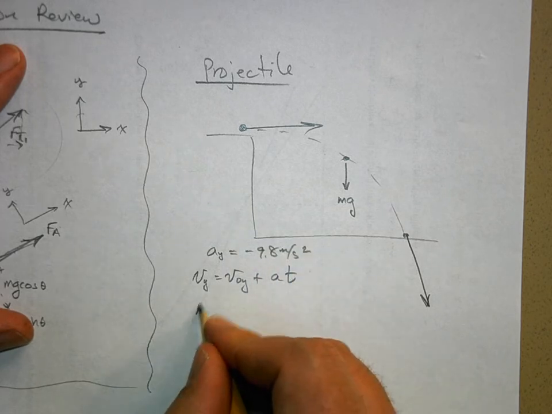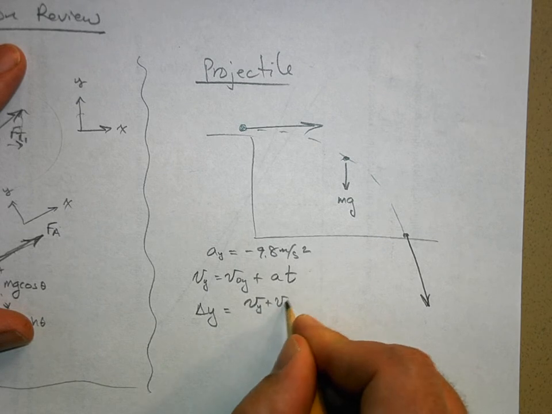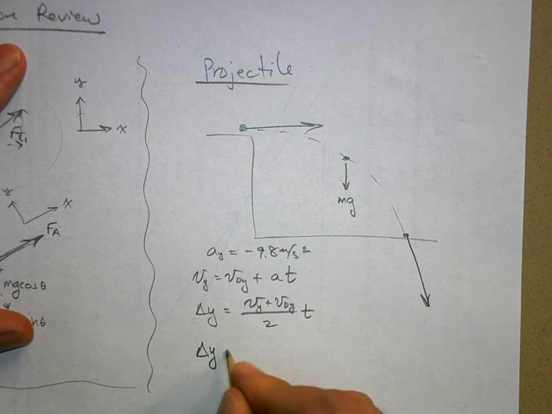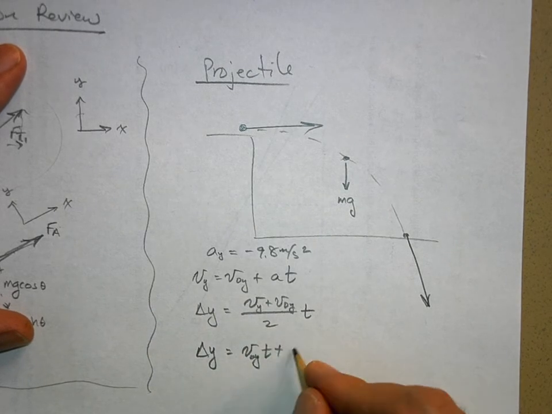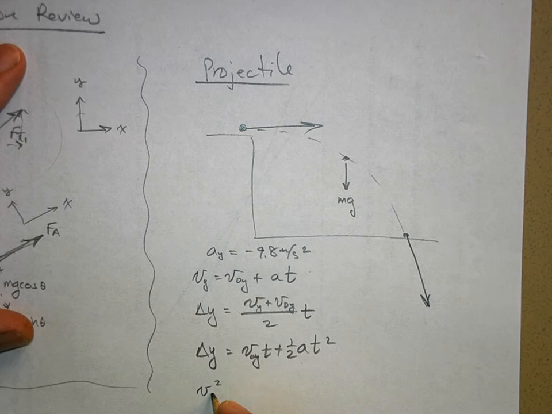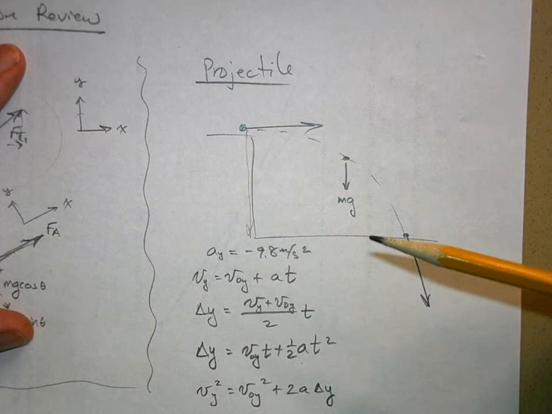Of course, then you have delta y equals (Vy plus V naught y) over 2 times time. Delta y equals V naught y times t plus 1/2 a t squared, and a is the negative 9.8. Vy squared equals V naught y squared plus 2a delta y. Remember that delta y here is negative, right? It's falling down.